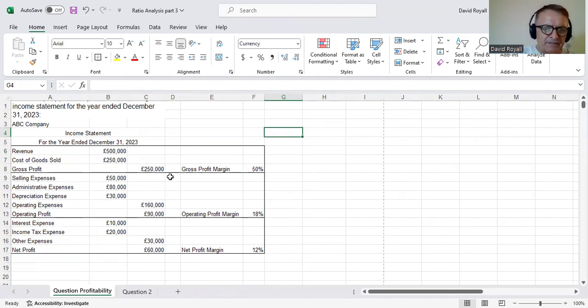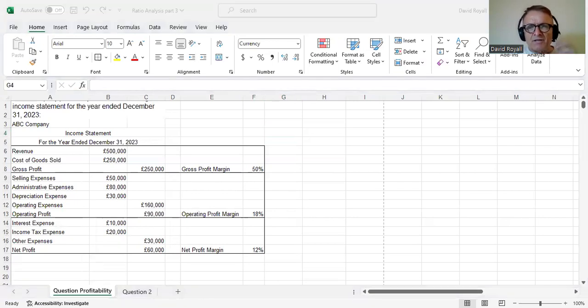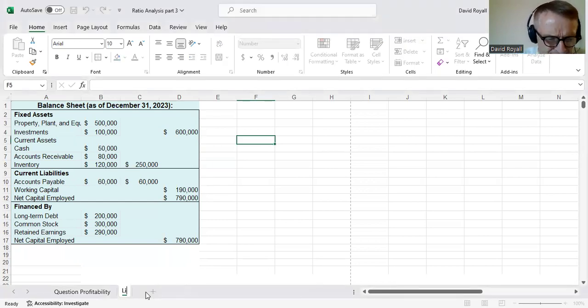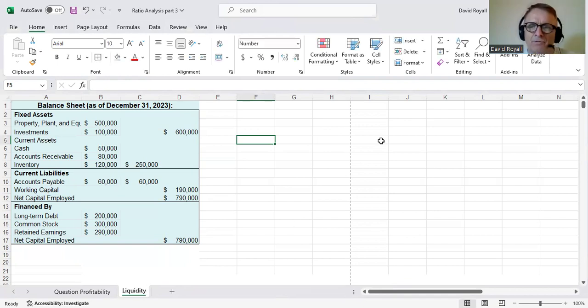Okay, profitability. I'm now going to move on to examine liquidity ratios. So what we've got here is the idea of liquidity as opposed to profitability. Now, one of the questions I want to do is actually slightly mix the two up.